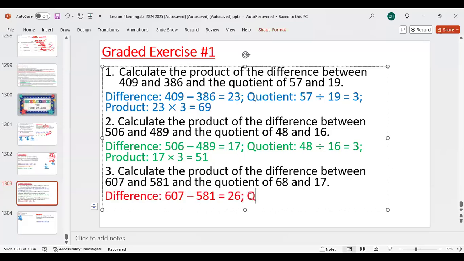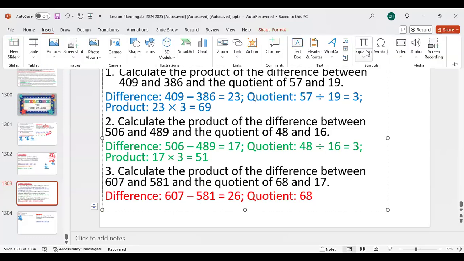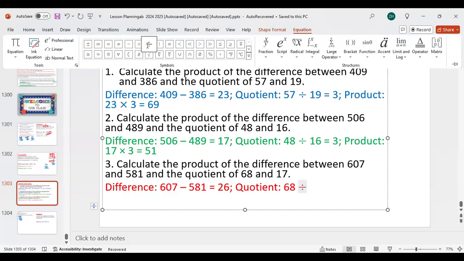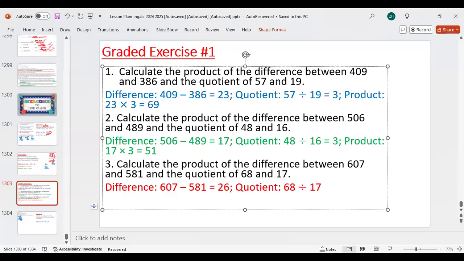And then we have to find the quotient, which is going to be what? 68 divided by 17 gives us 4. Then we have the difference, the quotient, and the product.